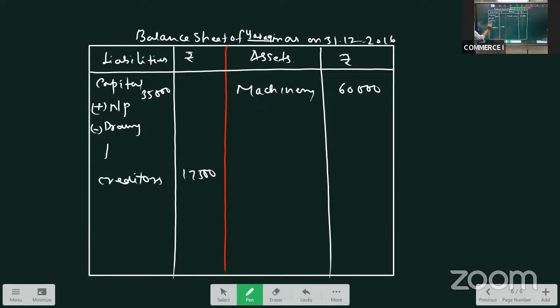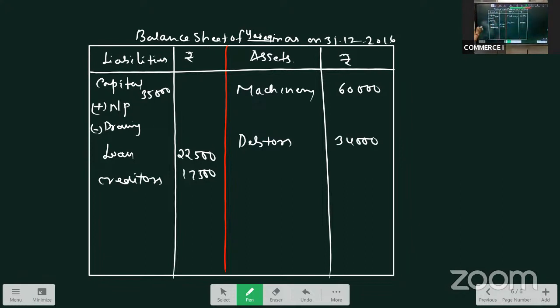17,500. Loan. Loan again is a liability. It's an obligation. It is a debt. So 22,500. Then debtors. Debtors are an asset. Debtors are the amount which we are to receive from the people, from the customers. The customers owe to the firm. Okay, it is 34,000. Bank overdraft.